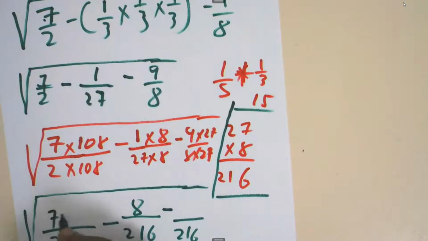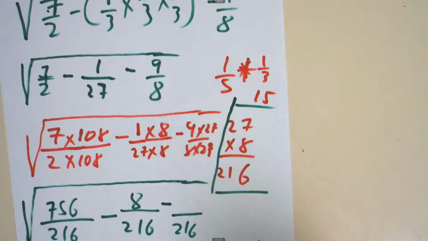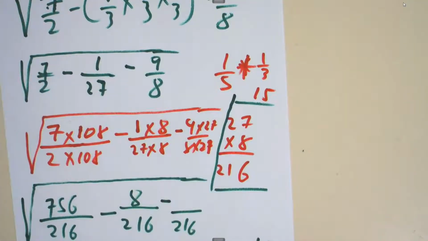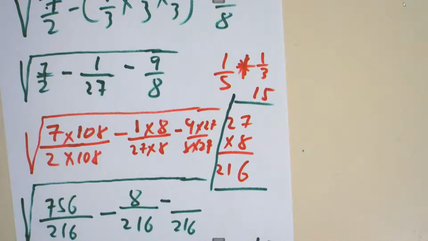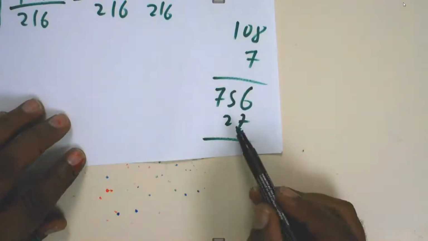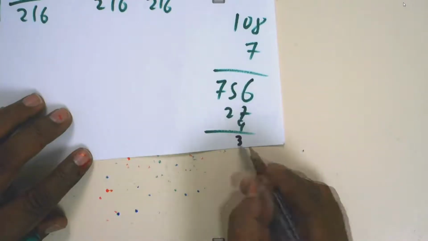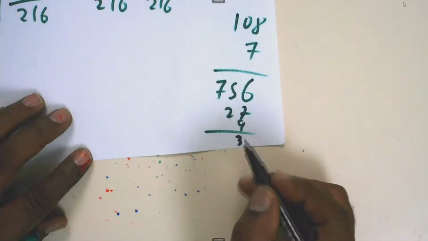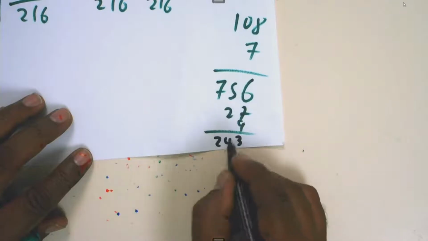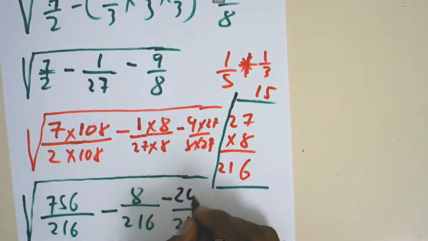So it's 756. And then 9 by 27. 27 by 9, 9 by 7, 63, 9 by 2, 18, plus 6, 243. Therefore, that is your 243.